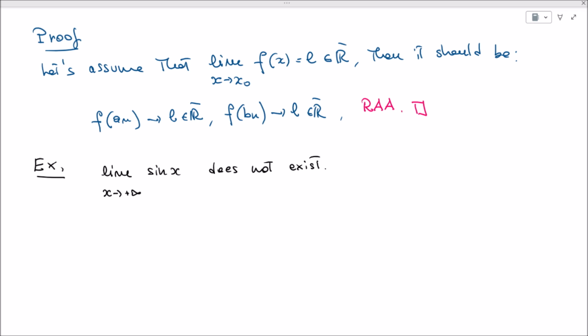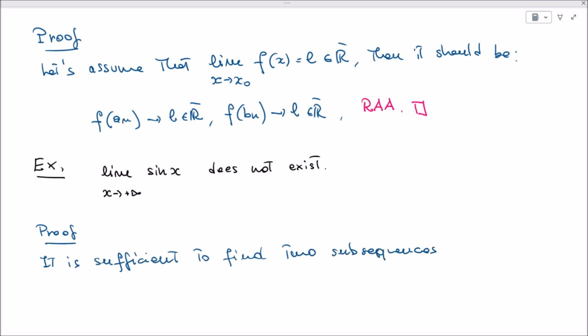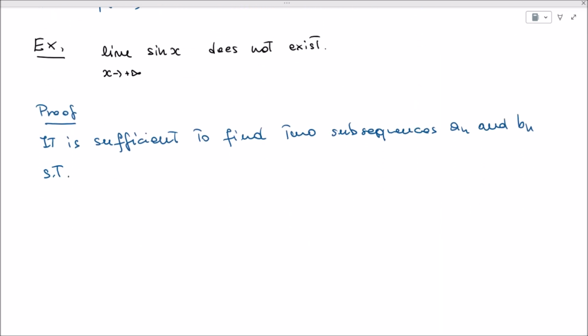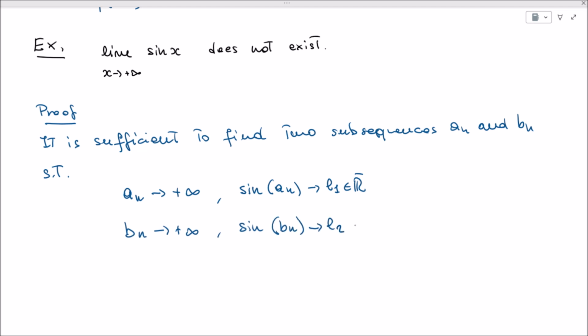Now, by the theorem, it is sufficient to find two sequences an and bn such that an tends to plus infinity, bn tends to plus infinity, and it must also happen that sine of an tends to some L1 in the extended real line, sine of bn tends to L2 in the extended real line, with L1 different from L2.